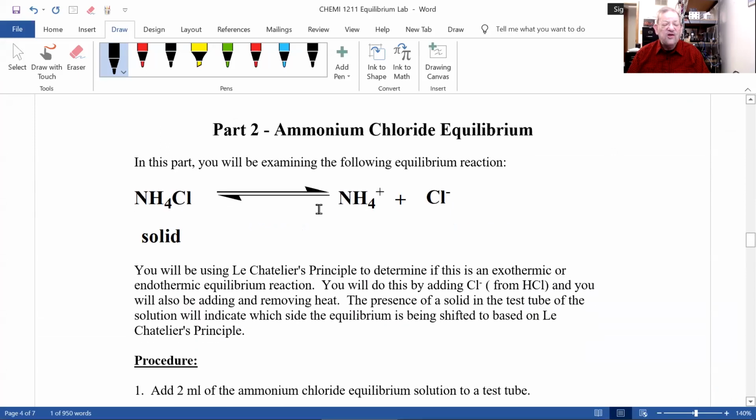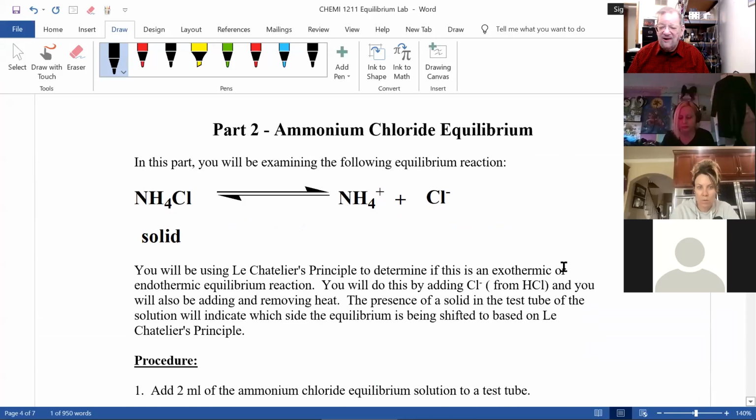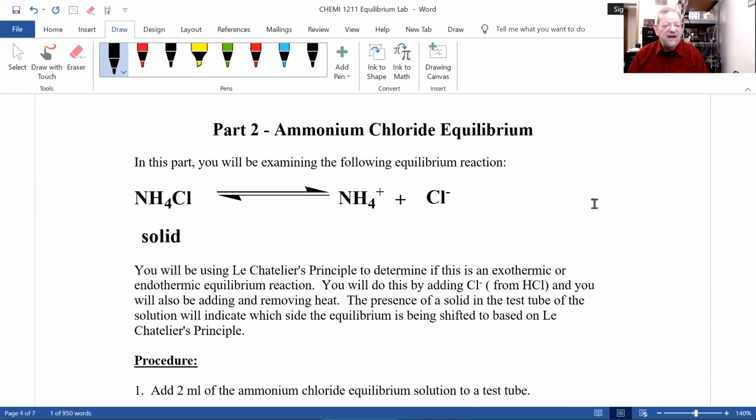And again, you're going to be doing an equilibrium. Does everybody see ammonium chloride equilibrium on your screen? On this one, ammonium chloride, NH4Cl, is a solid. And when it's in equilibrium on this side, on the right, NH4 plus and Cl minus, it's clear, it's dissolved. And again, you've got to figure out which side of this equilibrium you put plus heat.